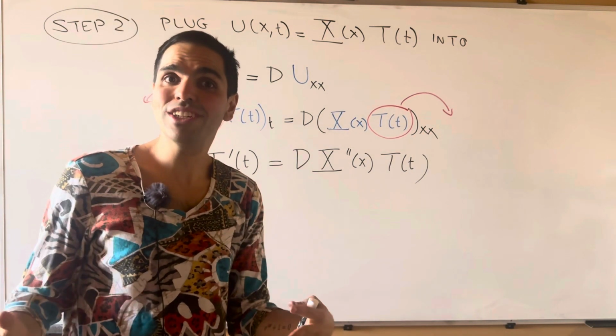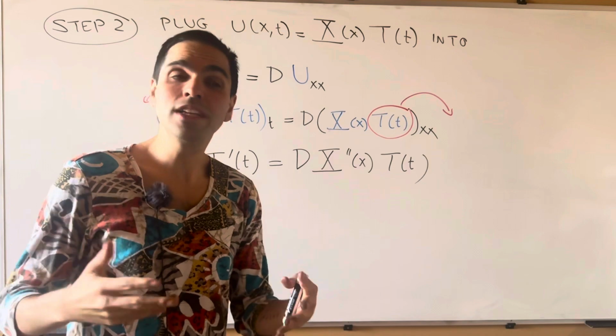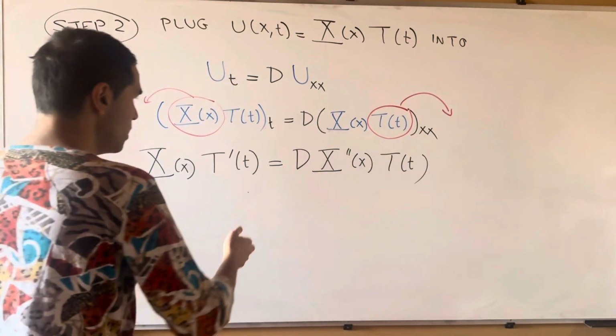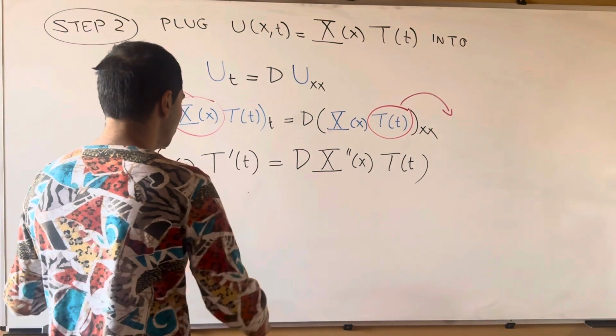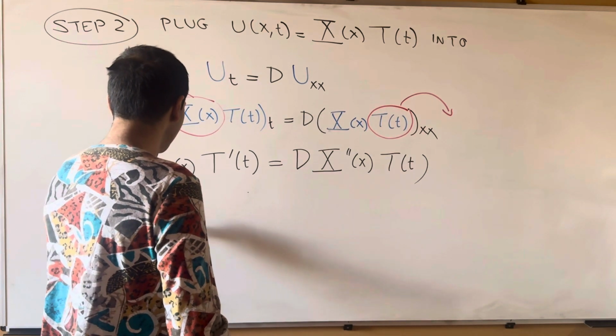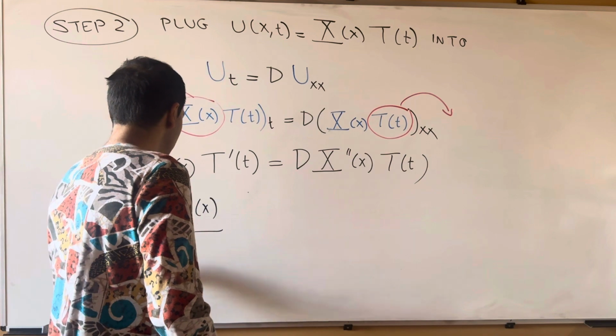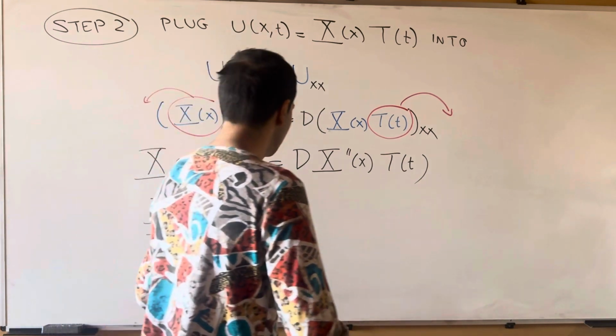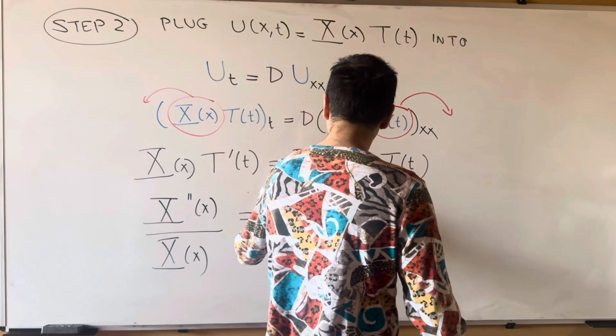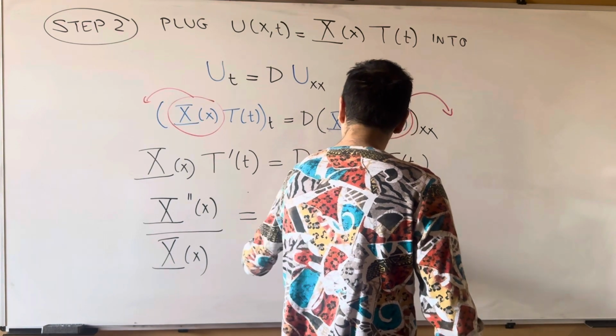Just like separation of variables in ODEs. And so, for instance, what we get is X double prime over X equals T prime over T.